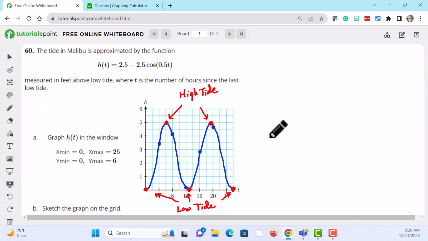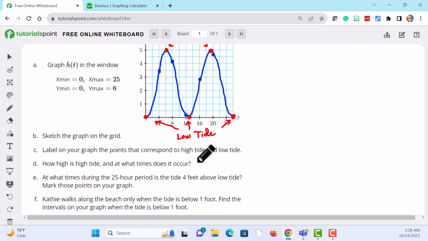So looking at our units of measurement, the height is measured in feet and time is the number of hours since the last low tide. So the answer to the first part would be 5 feet at 2 pi and 6 pi hours after low tide.